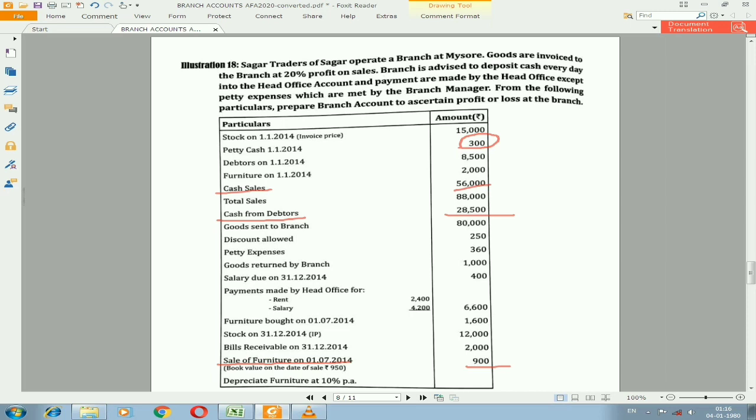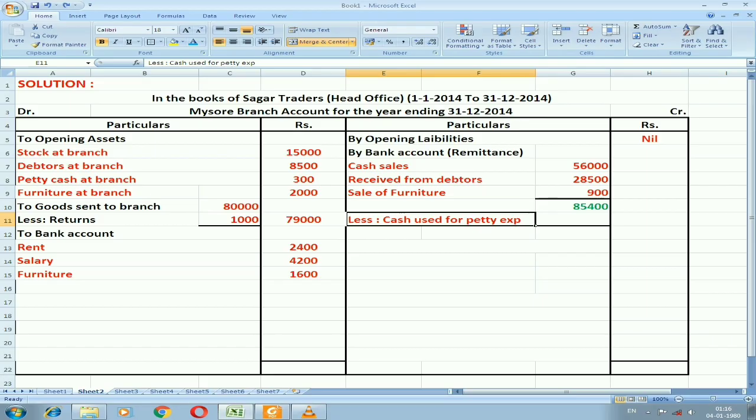As you can see, the opening balance of petty cash is 300, and then they have spent petty expenses 360. That 60 rupees will be taken as expenditure which needs to be deducted from the total income the branch has earned. So I'm deducting that, and totally I'll get the amount of 85,340 which is remitted to head office.